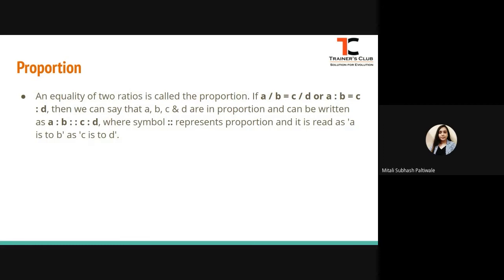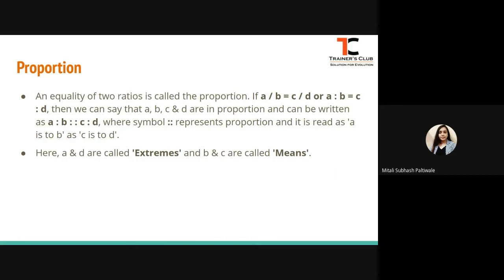Okay. Now, A and D are called extremes, and B and C are called means. So this is how it is: if two ratios are given and those are equalized, then we say that both of them are equal, or both of them are in proportion.